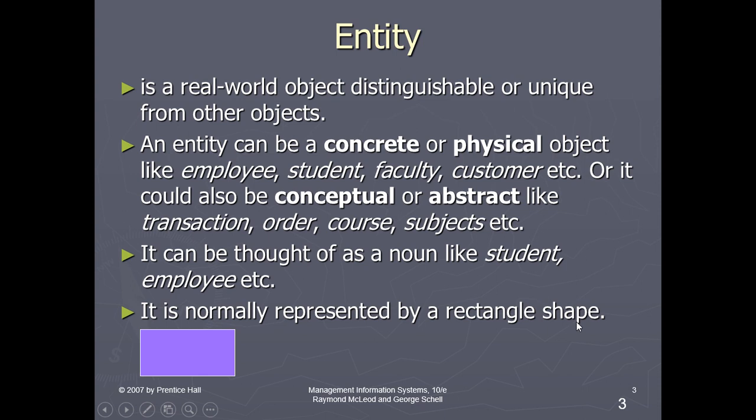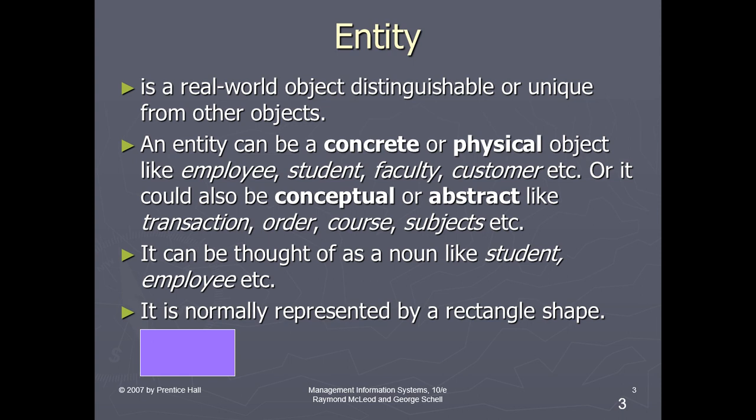So continue. Entity is a real world object distinguishable or unique from other objects. An entity can be a concrete or physical object like employee, student, faculty, customer, etc. Or it could be conceptual or abstract like transaction, order, course, subject.